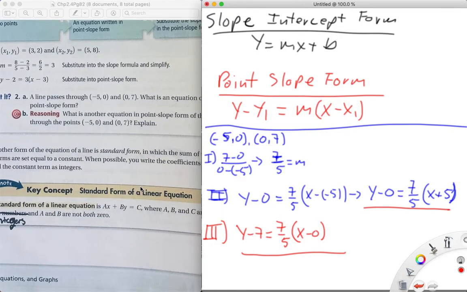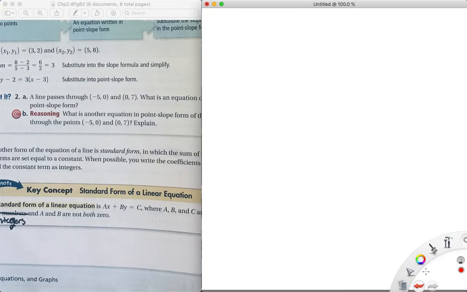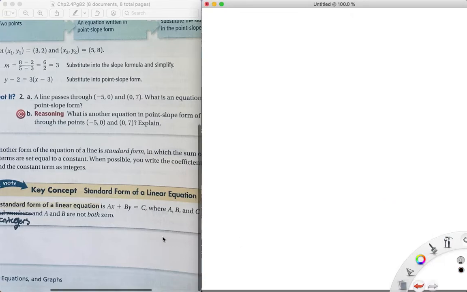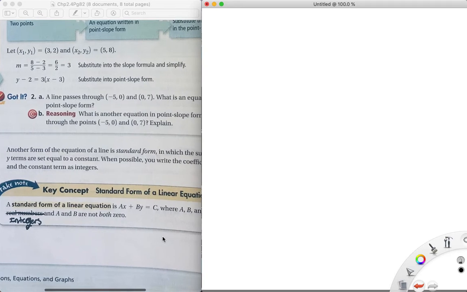All right, so standard form. The book gives a definition that I have always known to be kind of incorrect. So let's talk about what standard form looks like.